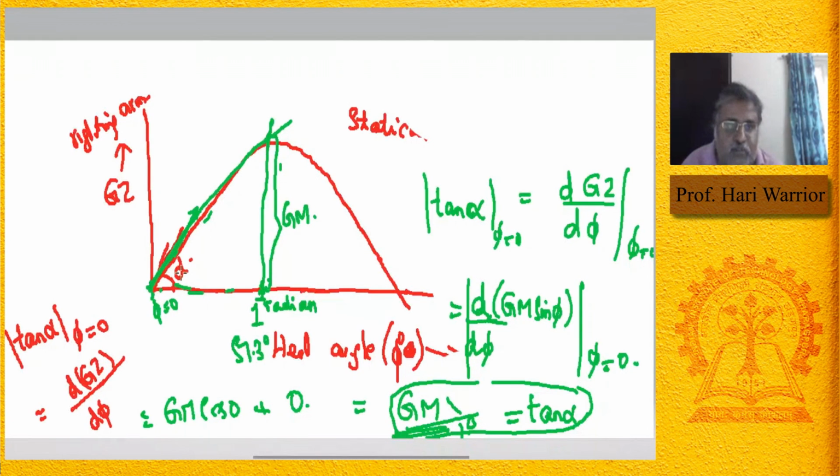Or you can do one thing also. If you know the GM, take that point and from there draw a straight line connecting it to the origin. That will be a tangent to this curve. Two ways, you go forward and you go backwards. Same thing. So this is how you get the GM from the statical stability curve.